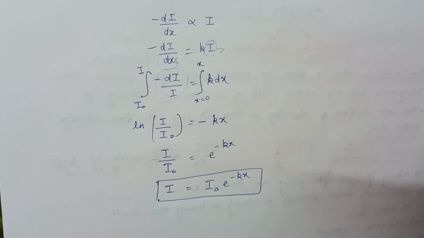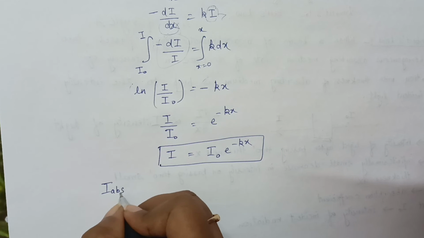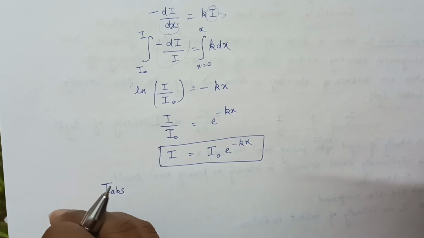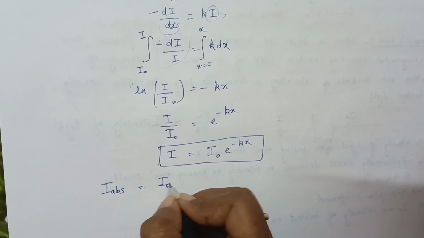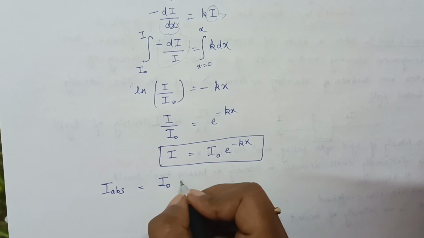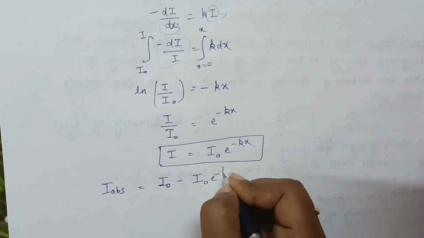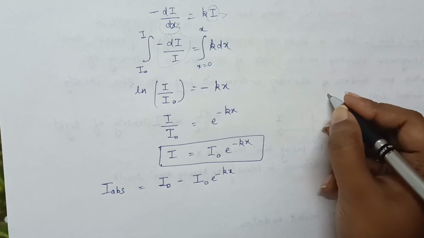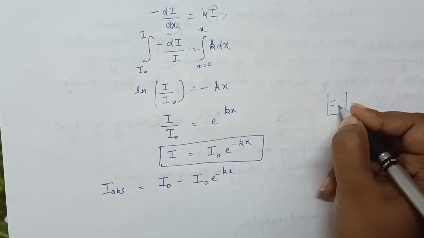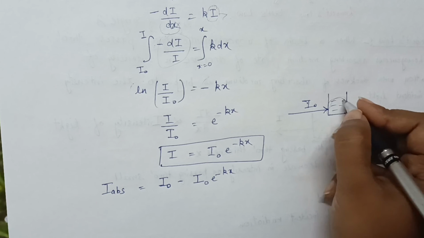Now if we want to find the intensity of absorbed radiation, whatever amount was absorbed, let it be I absorbed, the intensity absorbed by the medium. That will be the intensity of the incident radiation minus the transmitted radiation. Suppose this was the medium and this was the initial intensity incident on it.